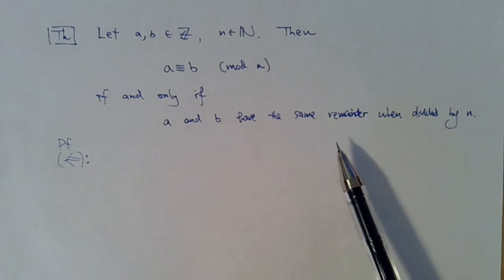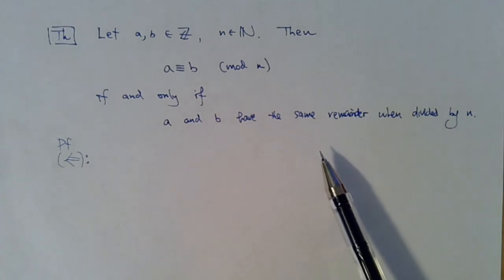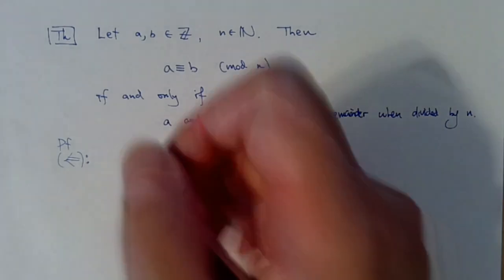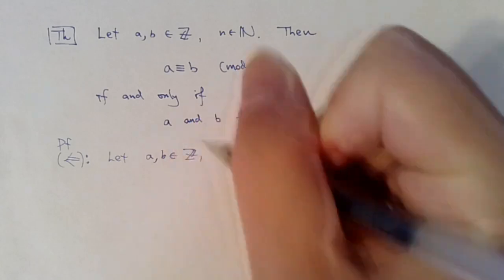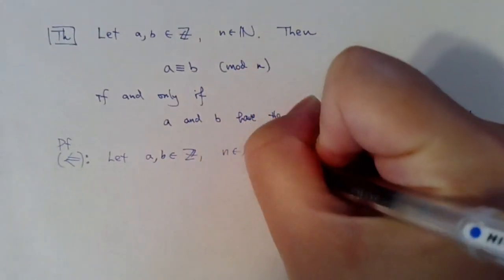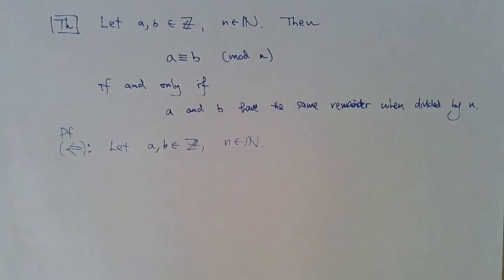So let's suppose that a and b have the same remainder. So let a and b be integers, and n a natural number. Same setup we've been using for a while now.